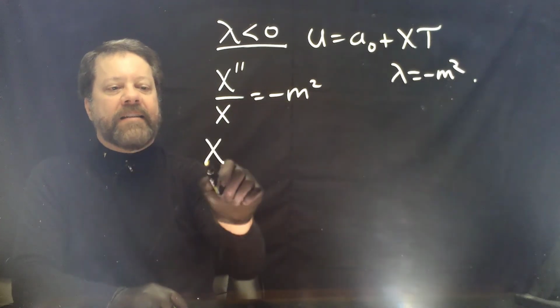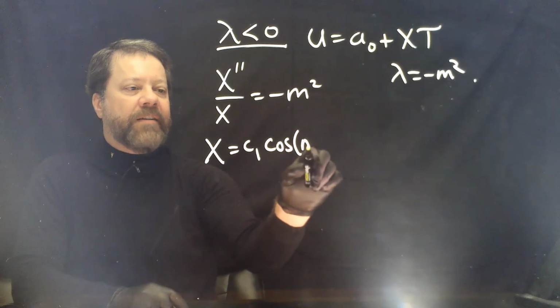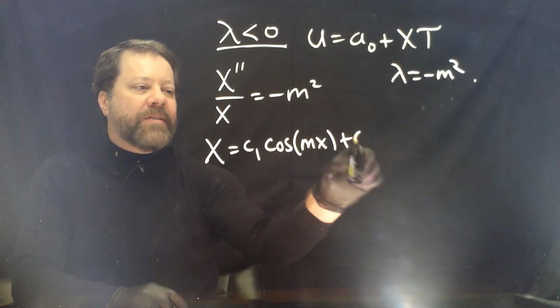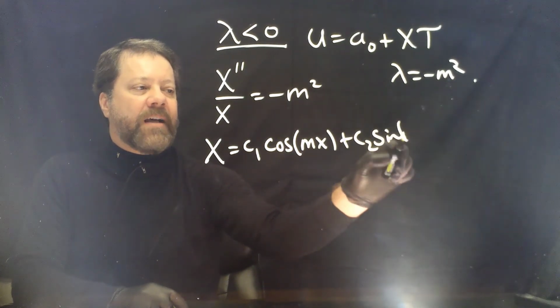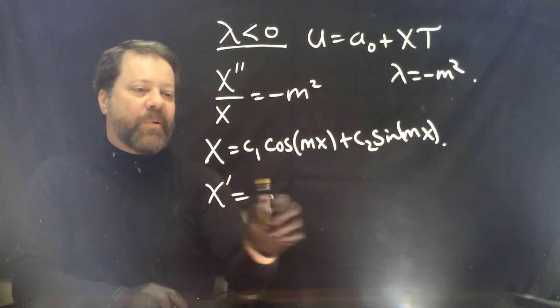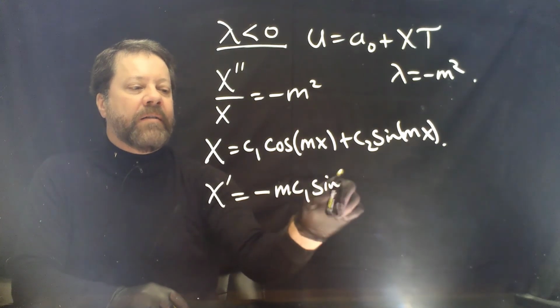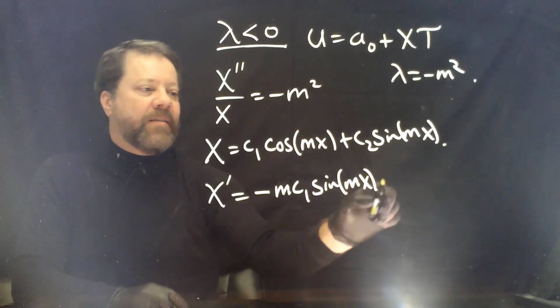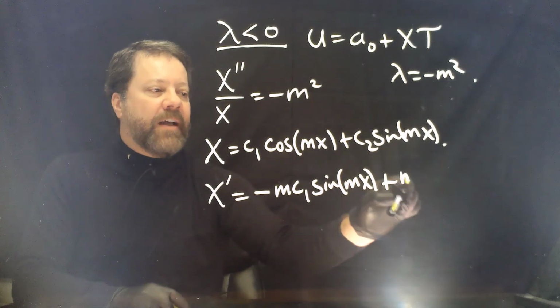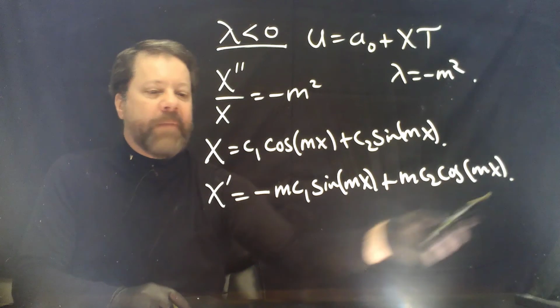In this case, X will be of the form c1 cosine of mx plus c2 sine of mx. And that implies then that X prime is negative m c1 sine of mx plus m c2 cosine of mx.